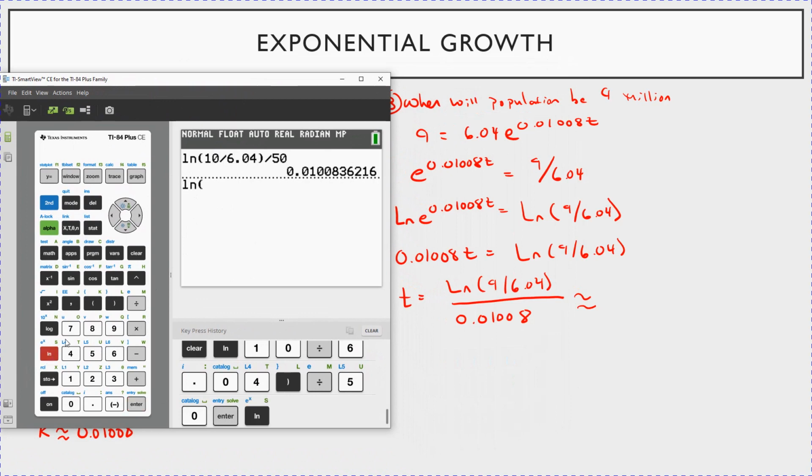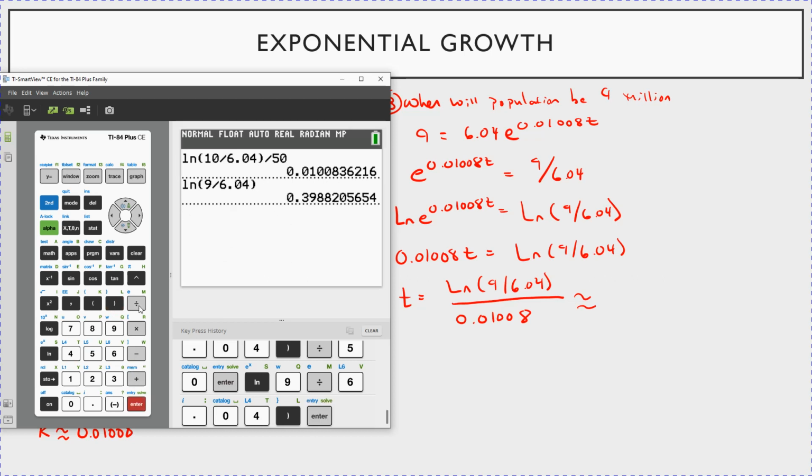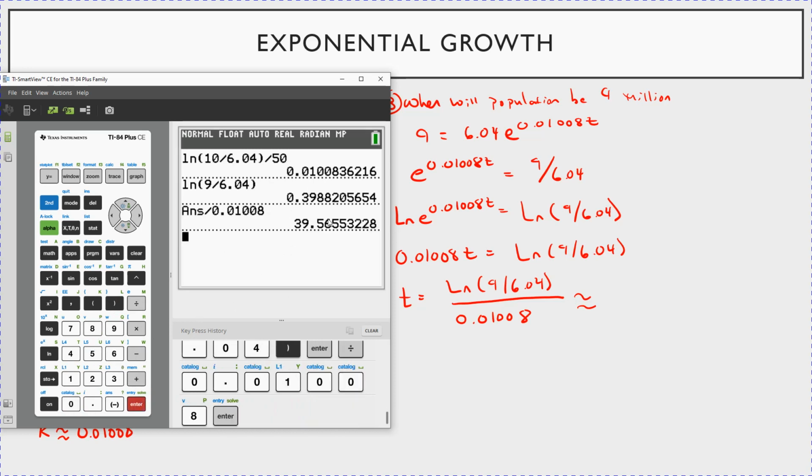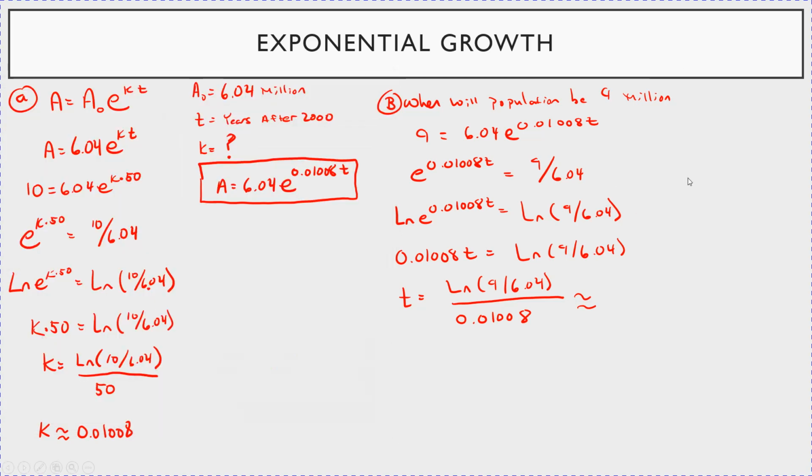So it's natural log of 9 divided by 6.04. Okay, and then you're going to divide that by 0.01008. And you get roughly 39 point, I'm just going to round this to 40 because we're looking at years. So it's going to be roughly 40.